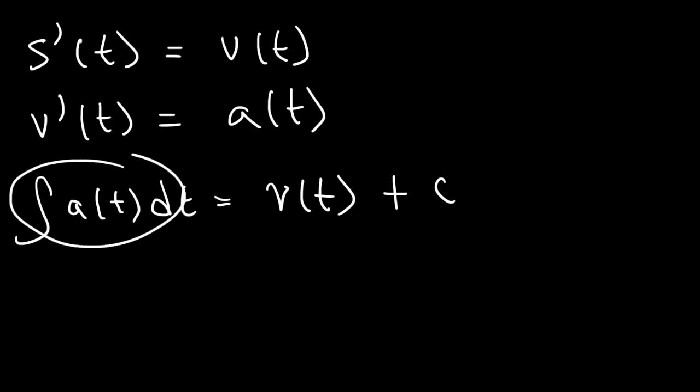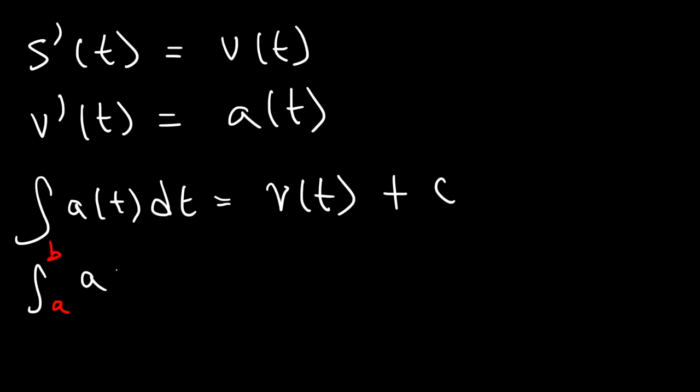This is known as an indefinite integral. However, let's say if you were to have some values here, it becomes a definite integral as opposed to an indefinite integral. And this won't give you the velocity function. Rather, it gives you the change in velocity.